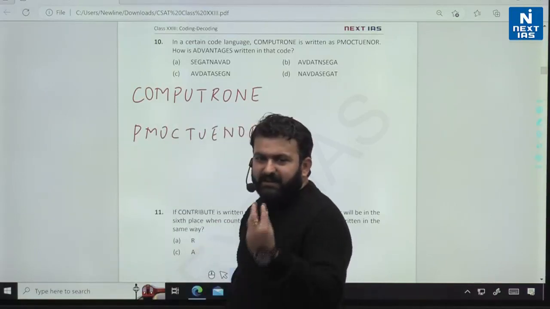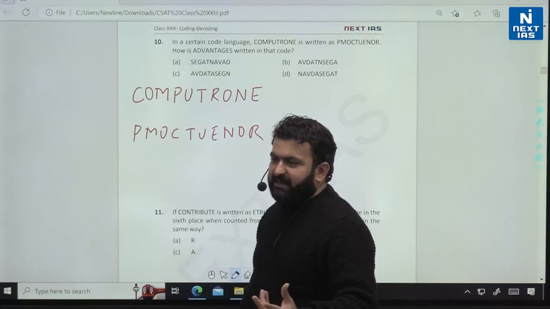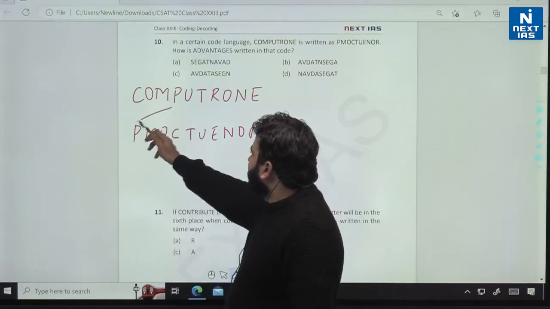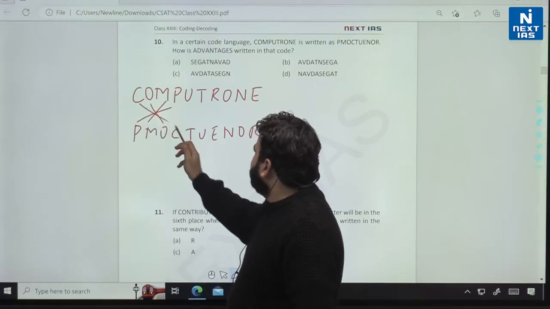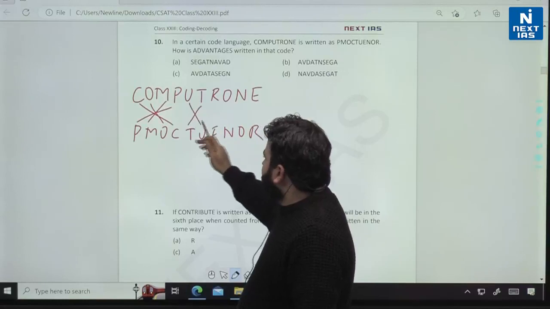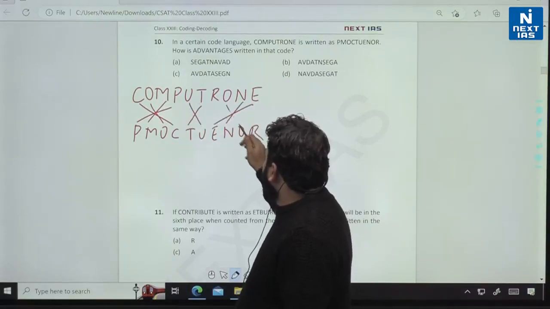Now you are writing each and every letter as well as dictating it. So PMOC first 4 letters, then TU middle 2 letters, and then ENOR.